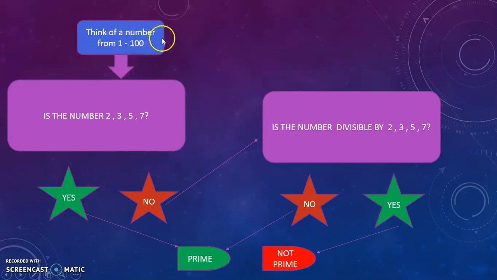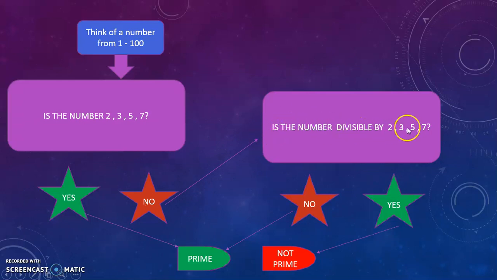Think of a number from 1 to 100. We will do another number, 19, which I also mentioned. Is the number 2, 3, 5 or 7? No, so it will go here. Next question: if it was yes, it is prime, but if it was no, it can be prime or not prime.